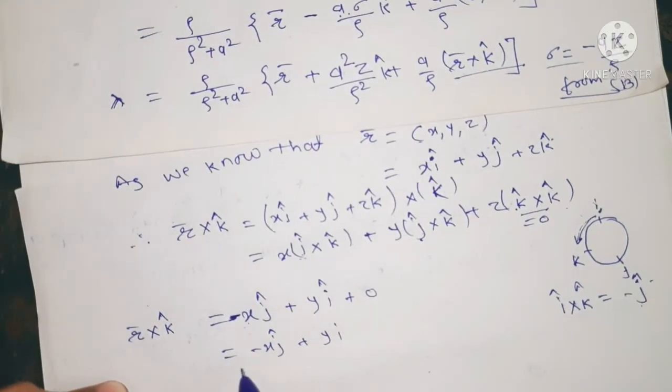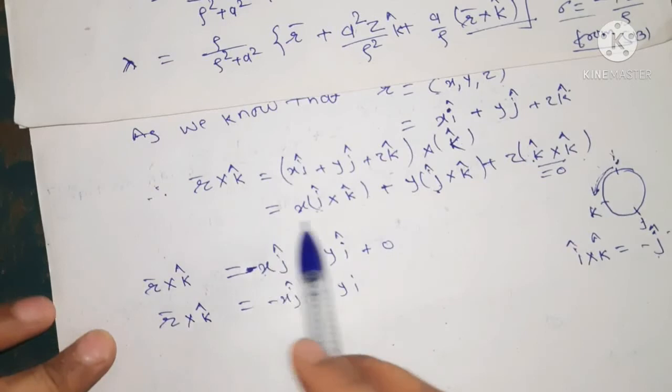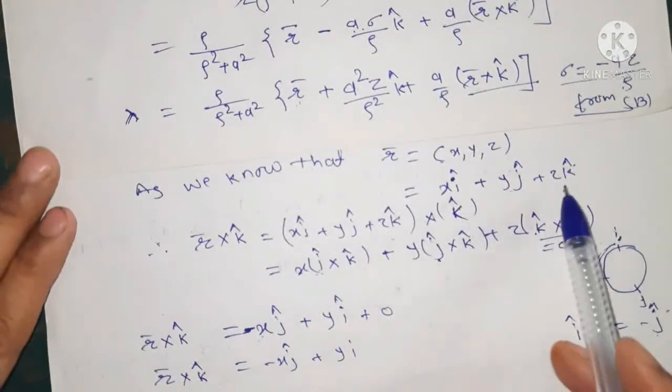Okay, this is r bar cross k cap. Also we can write this value of r bar here as xi plus yj plus zk.